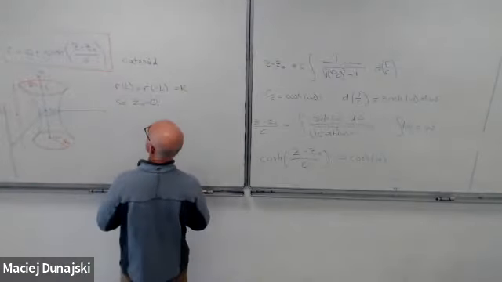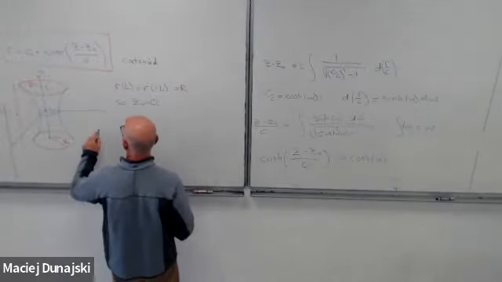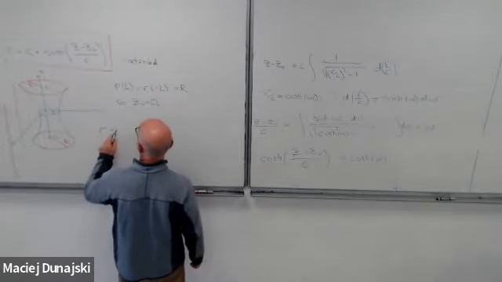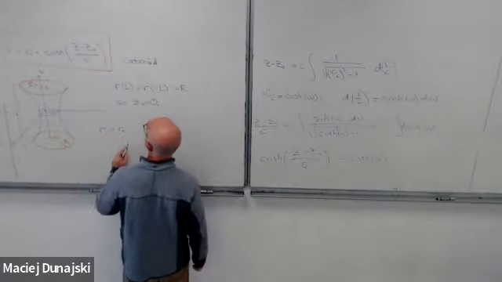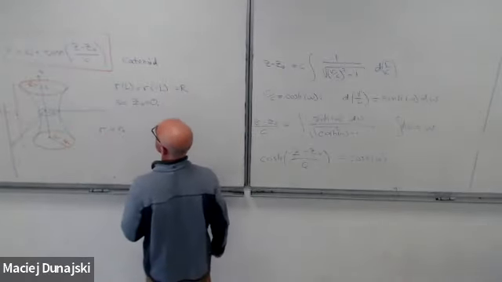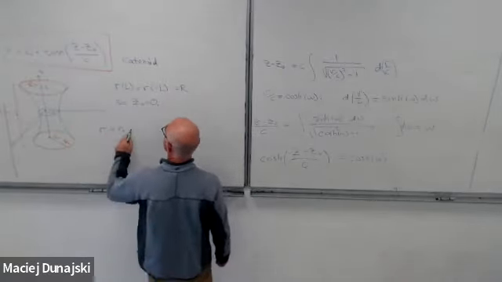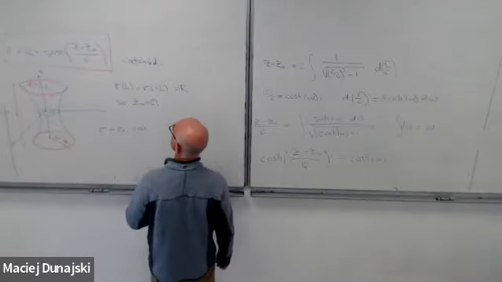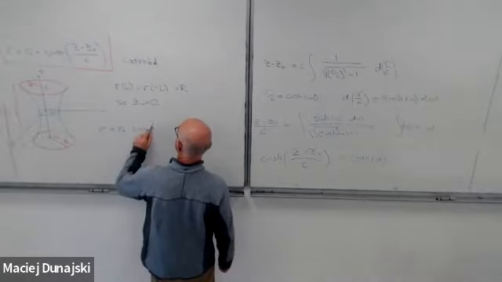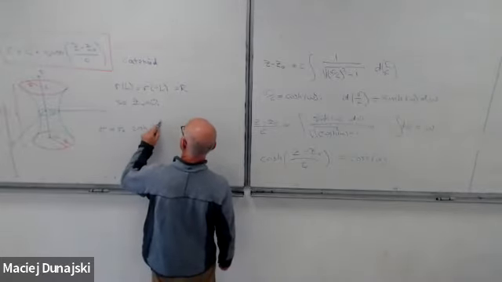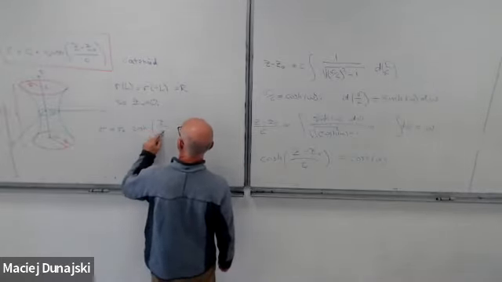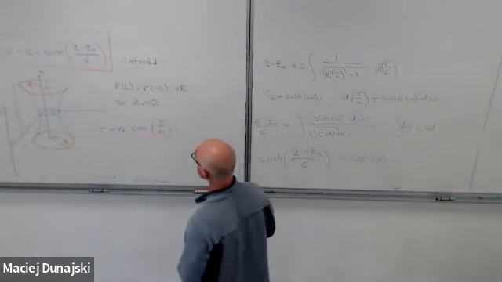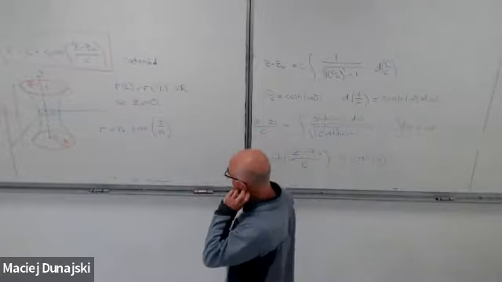Okay, so now I have this catenoid in full. Let me therefore write my final solution as R equals R0 cosh of Z divided by R0.